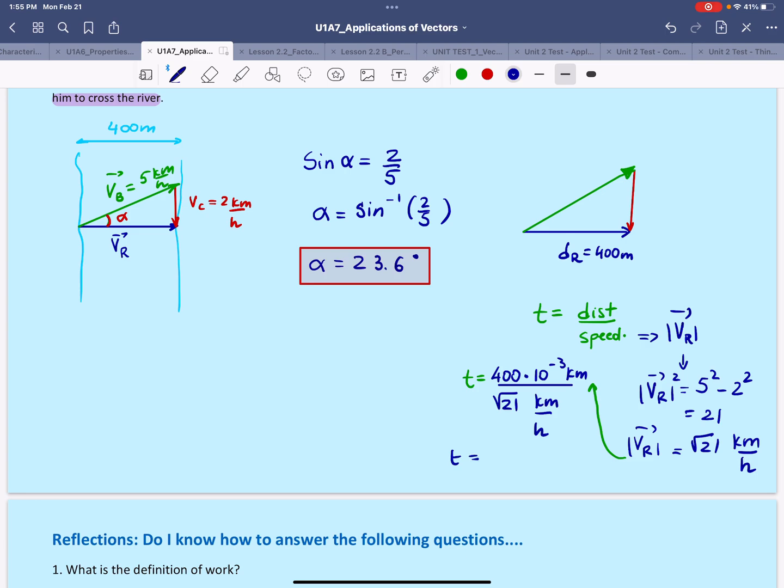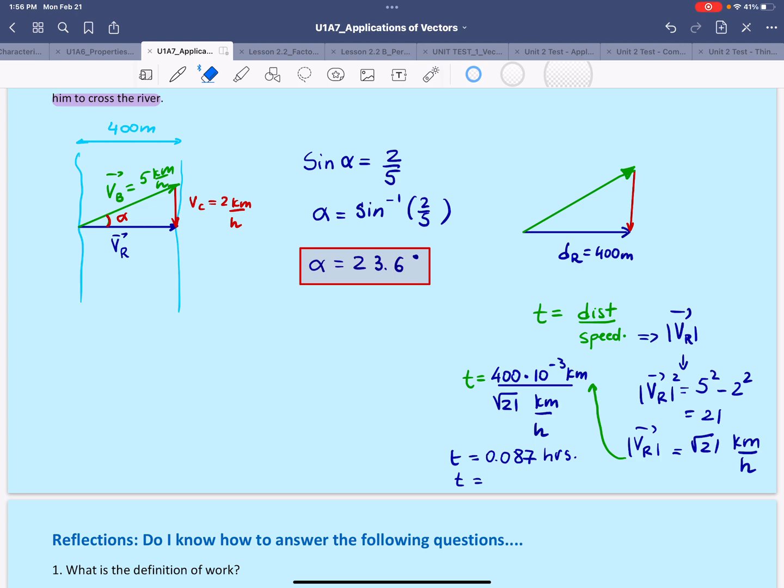We have 400 times 10 to the power of negative 3, divided by the square root of 21. That was about 0.087 hours. We want to convert this into minutes by simply multiplying by 60, because there are 60 minutes in 1 hour. So multiply that answer by the number of minutes in an hour.